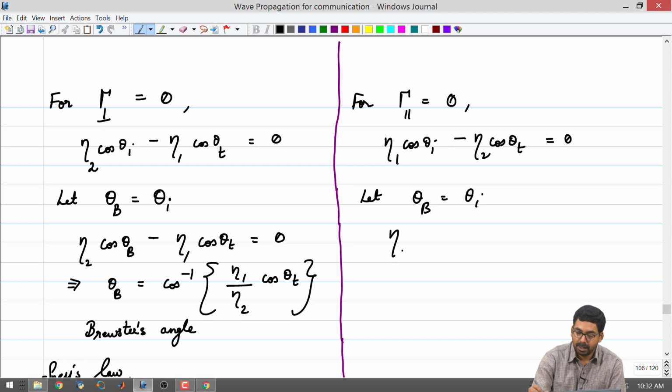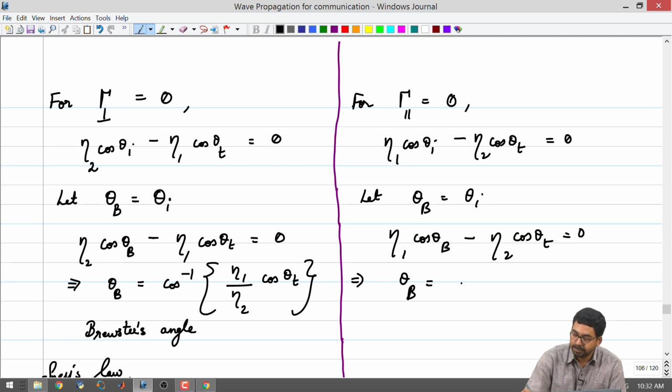Then you will rewrite as eta 1 cos theta b minus eta 2 cos theta t is equal to 0. This implies that theta b is equal to cos inverse eta 2 minus eta 1 cos theta t.